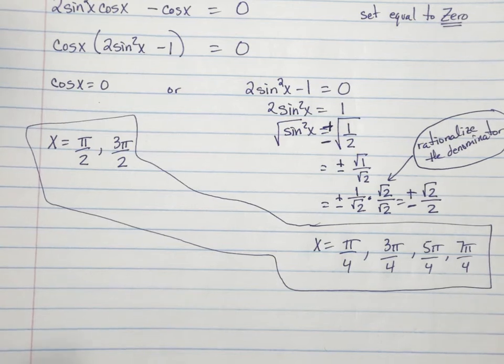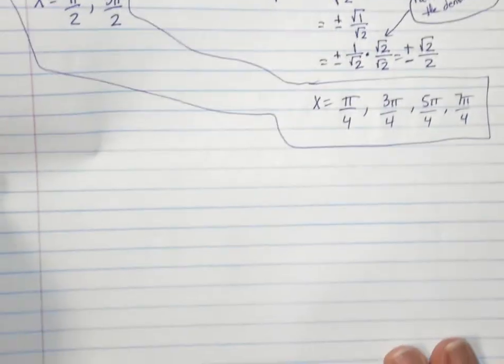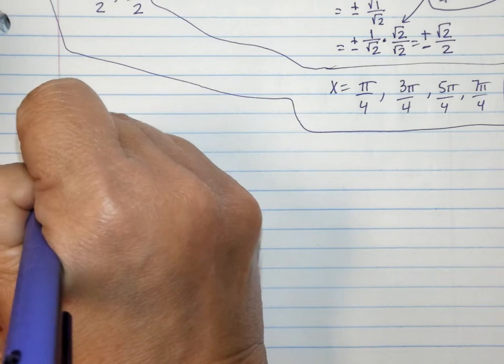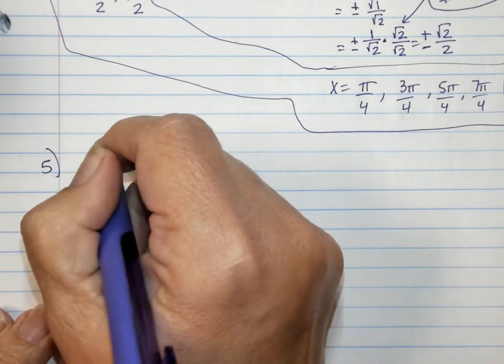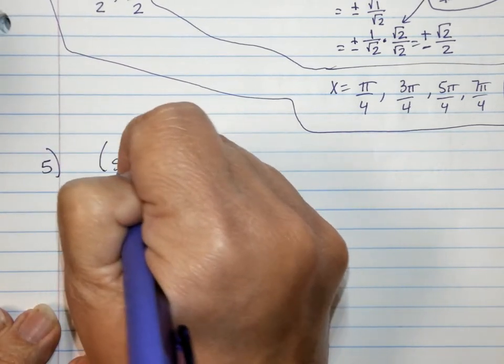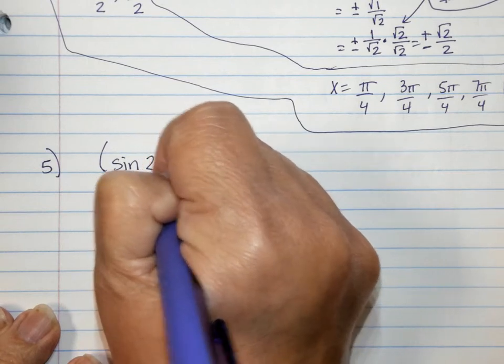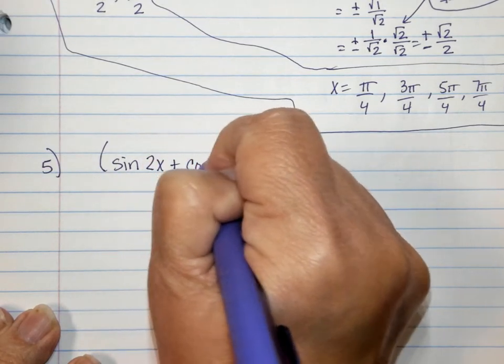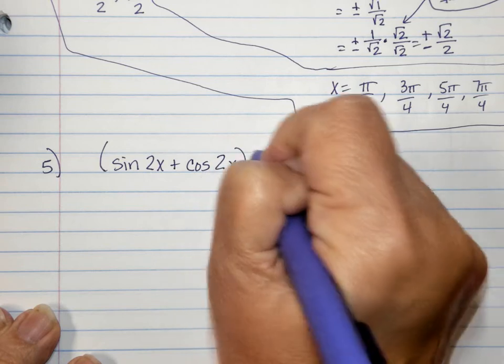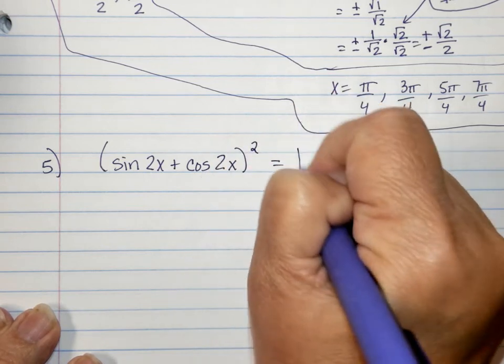All right, we're going to do one more solving problem together. All right, we have sine of 2x plus cosine of 2x, squared, equals 1.